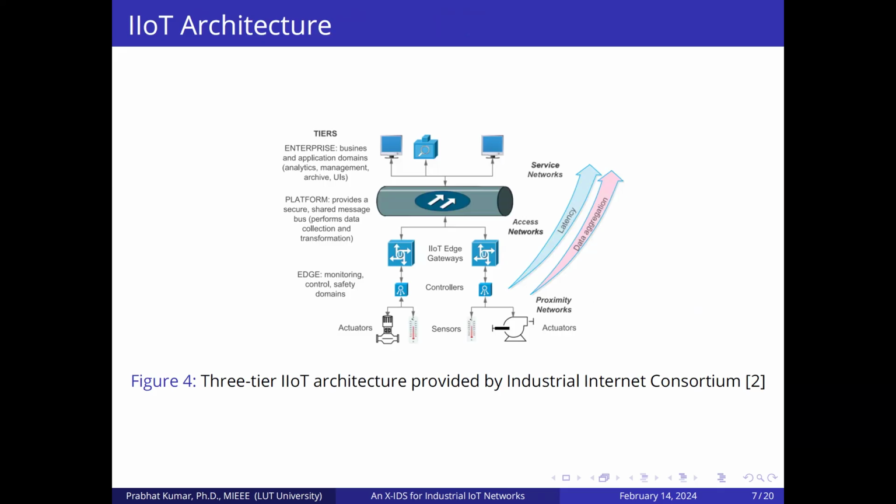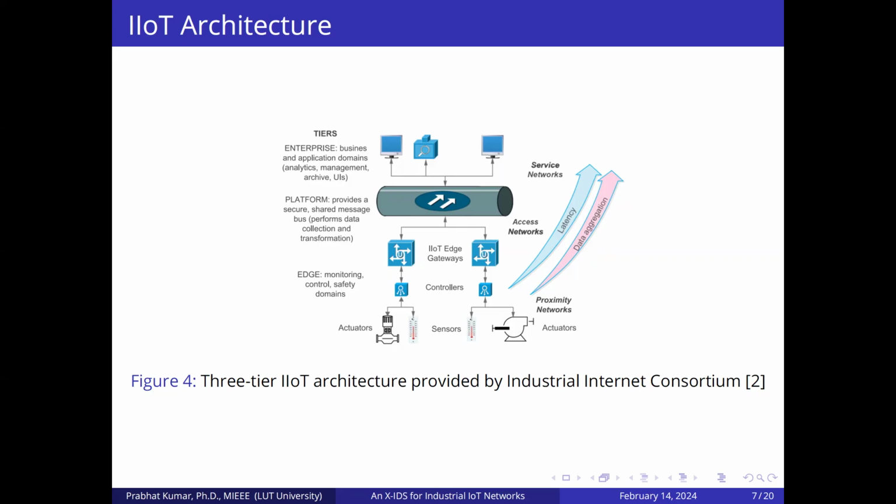But how does this actually work? This diagram tells you how different participants or different things are connected in the whole IIoT architecture. And there are multiple different types of architectures available. It actually depends on where the person wants to work.